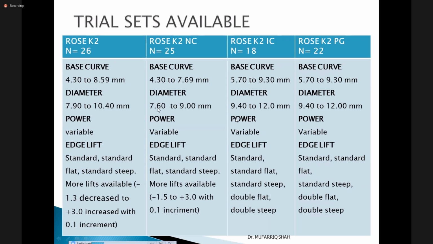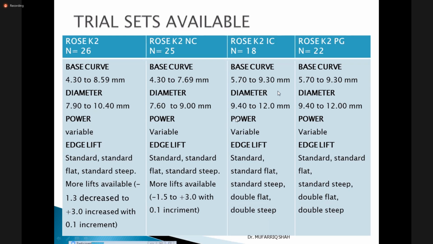The diameter ranges from 7.6 to 9.0 millimeter. Power is variable. You can prescribe any power, and edge lift is the same, standard flat, standard steep, and more or less from minus 1.5 to plus 3 with 0.1 increments.